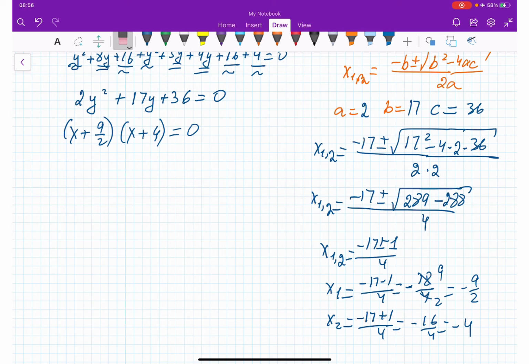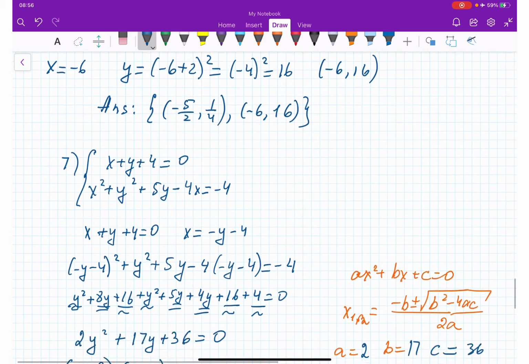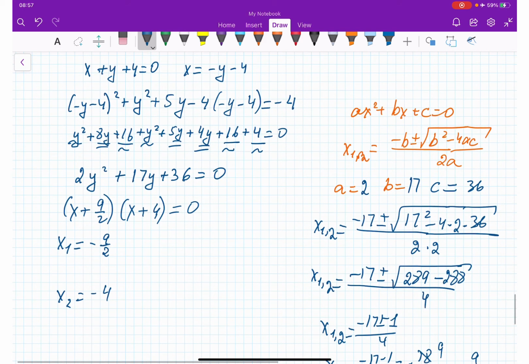So x1 is going to be negative 9 over 2. x2 is going to be negative 4. Let's plug into one of these equations to find y. Which one? I'm plugging into x plus y plus 4 equals 0. Okay?